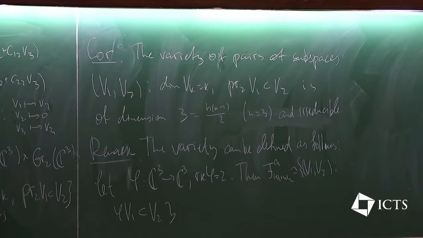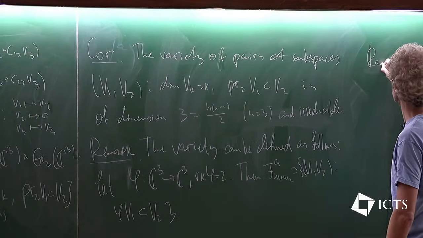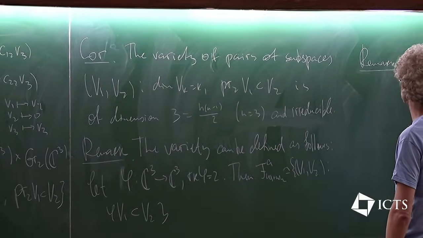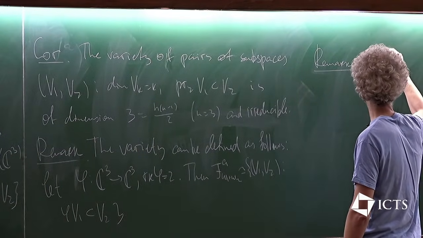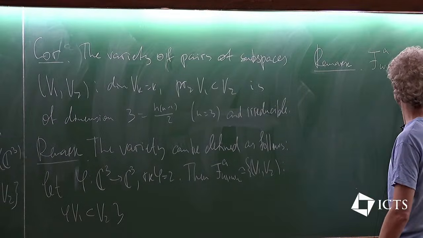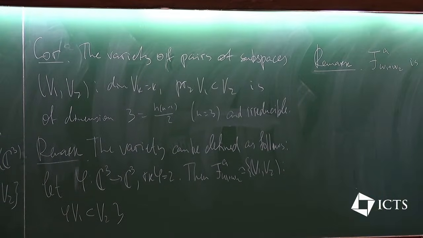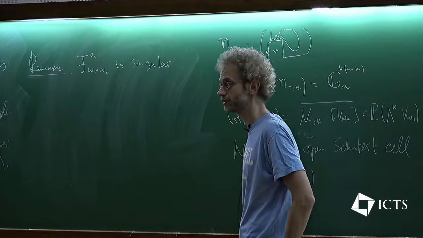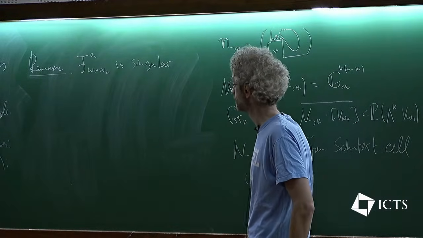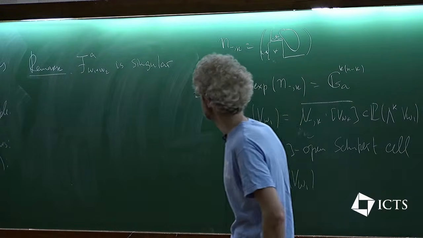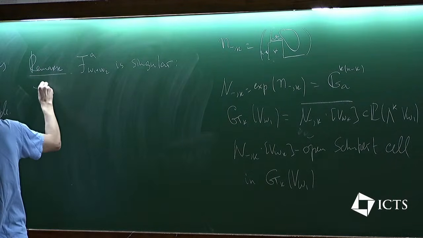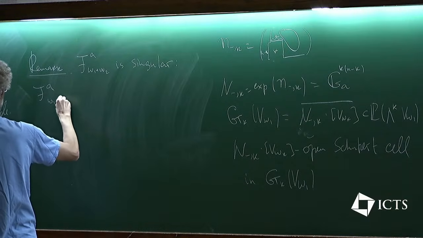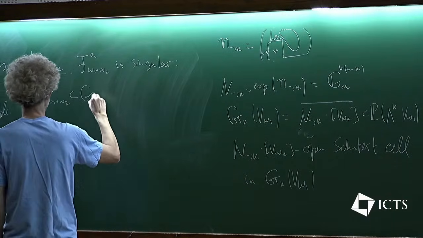Okay, one more remark: this variety F_{a omega 1 plus omega 2} is singular. It's still three-dimensional, it's still irreducible, but it's no longer smooth. We know that flag varieties are smooth. However, this one is not smooth. We can write it explicitly. Namely, we have this F_{a omega 1 plus omega 2} sitting in the product of Grassmannians.